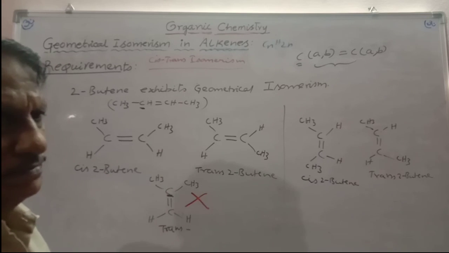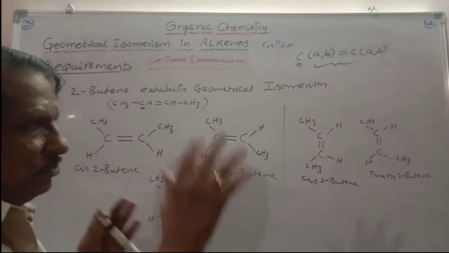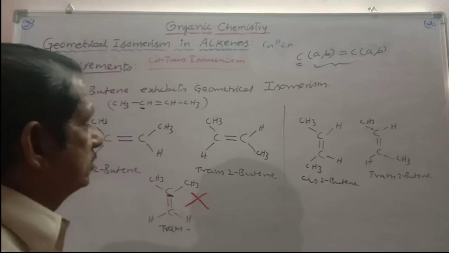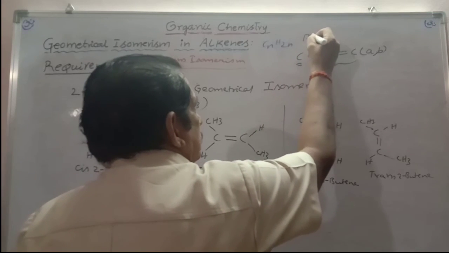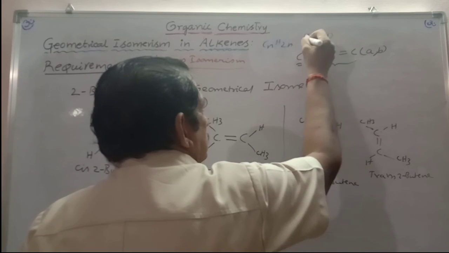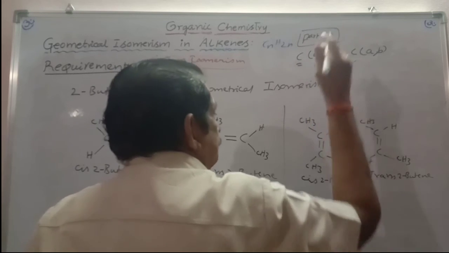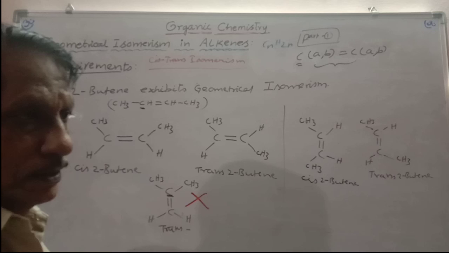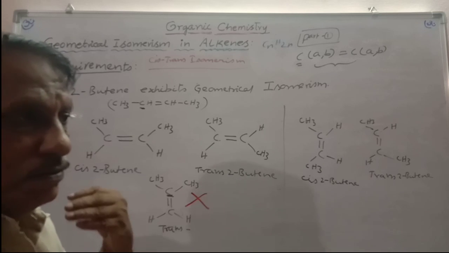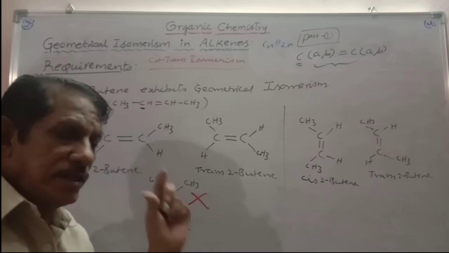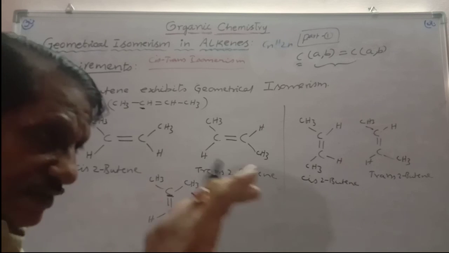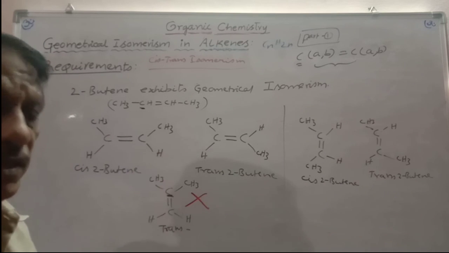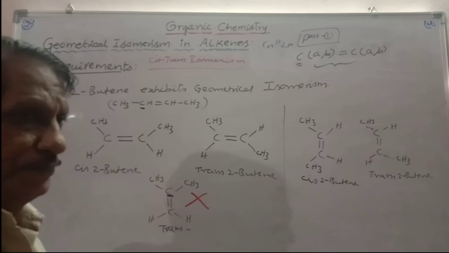Extension to this is the part 1 over. Let us consider this as the part 1 only. And we can take other examples. When one of the carbons is having different groups, the other carbon is also having different groups, and among these different groups, one is common, the other one is different, does it exhibit geometrical isomerism?